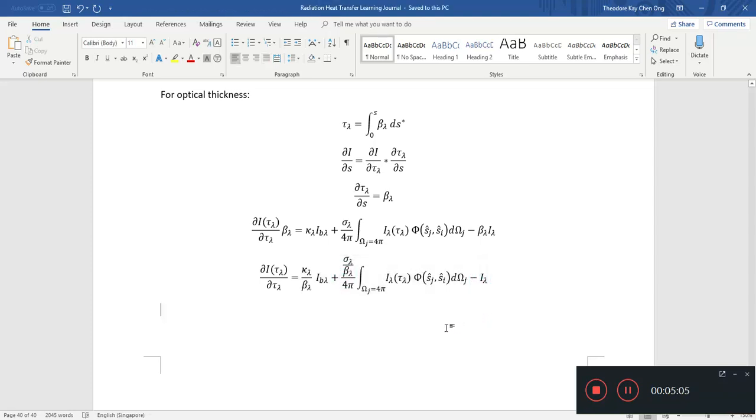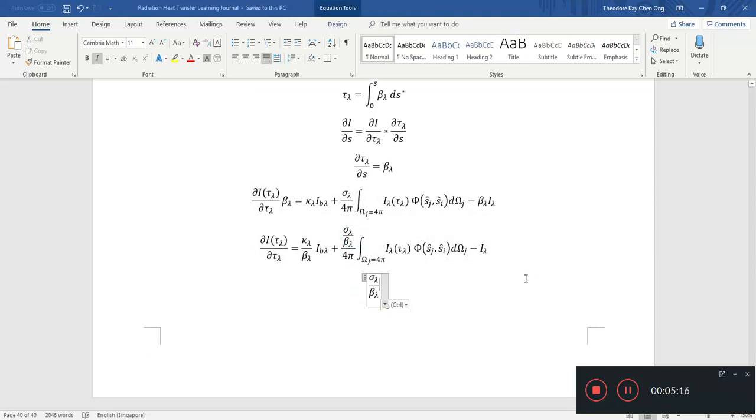Now I want to introduce this new quantity, because this is a very important quantity. Sigma lambda over beta lambda, or otherwise known as sigma lambda over sigma lambda plus kappa lambda.